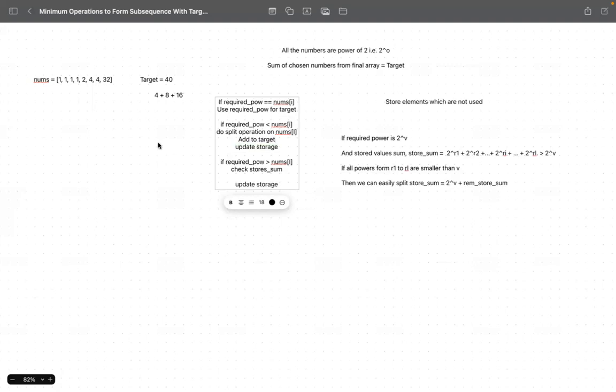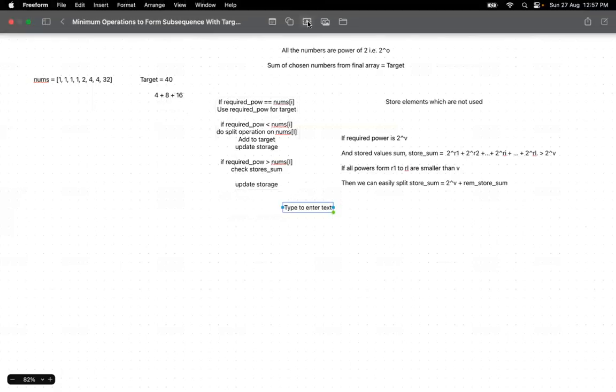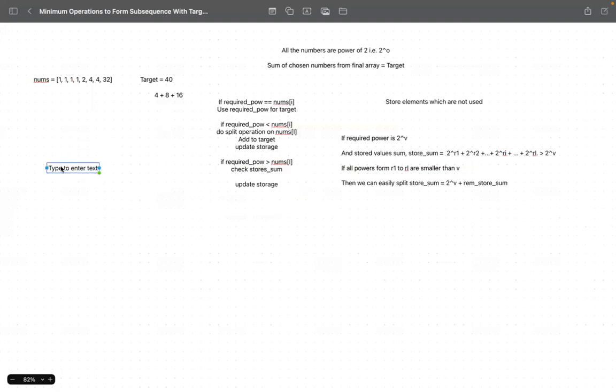So for example, let's say required power is 16, and the other thing is your number is 32.